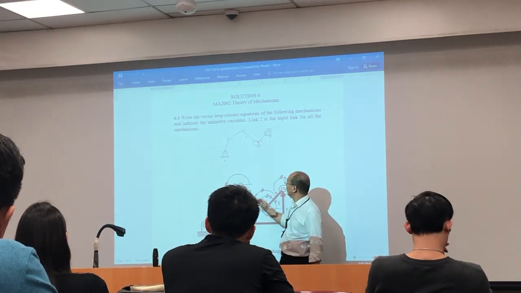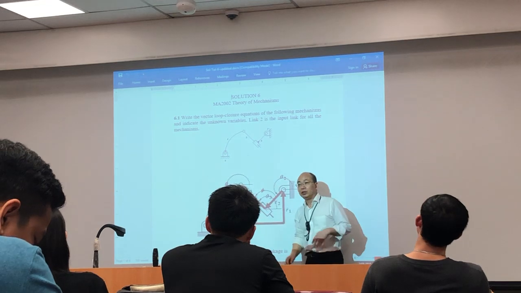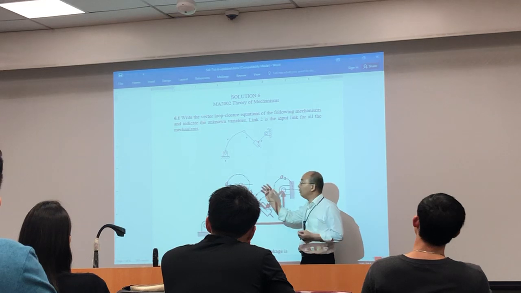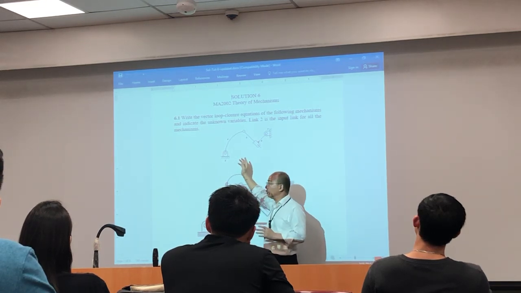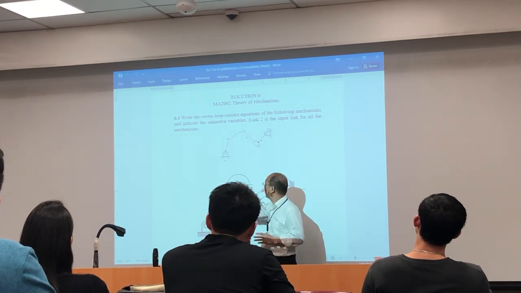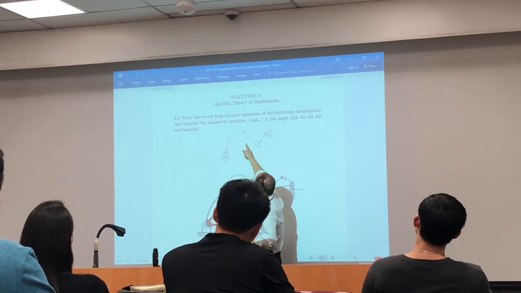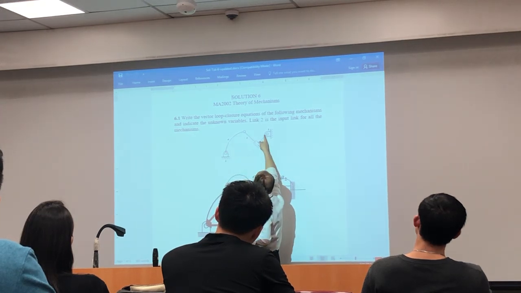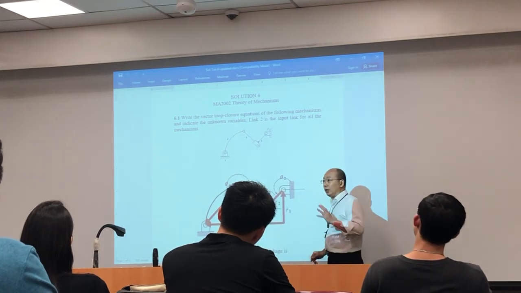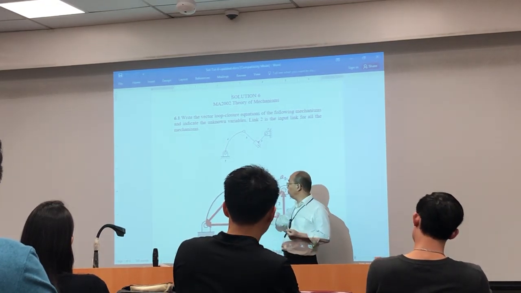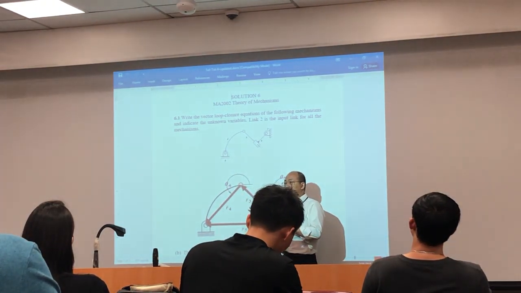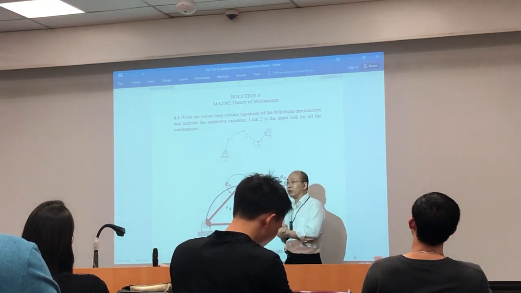Okay. And then after that, in order to write a mathematical equation for the vectors, we have to close the vector loop. So we draw one vector here, one vector here, one vector here. Then in theory, we can draw another vector from the end point to the starting point to close the loop, right? But normally, as you will see later on, we will resolve the vector equation into x components and y components, right?